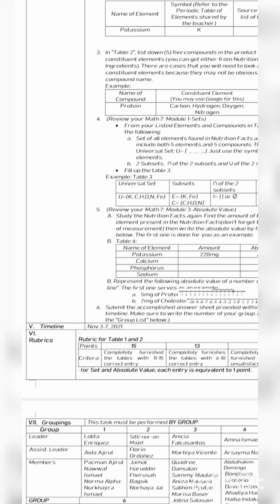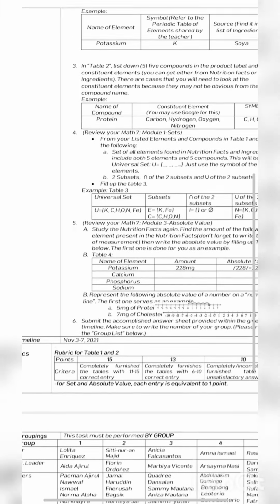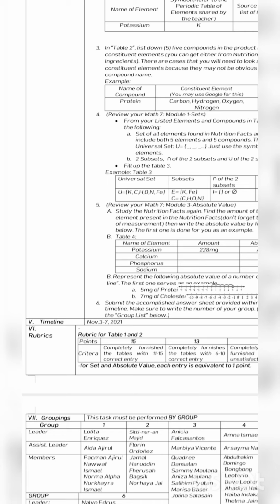But before the group list, let's look at the timeline first. The timeline is November 3 to 7, 2001. Since I am late in giving this, we will change the timeline. You can submit this on November 10. Since I will not be in school on November 10, you can submit it to Ma'am Shailene.